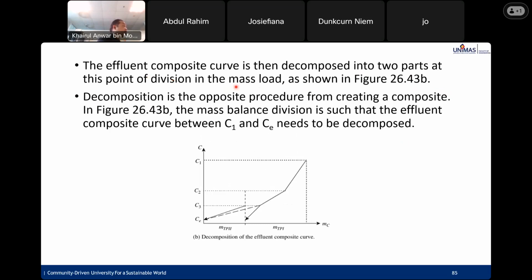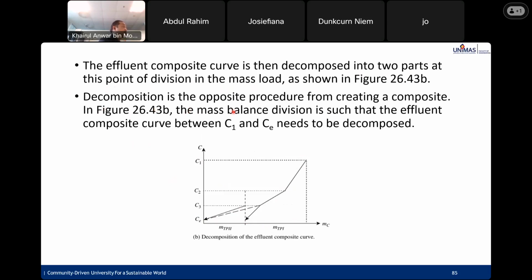The effluent composite curve is then decomposed into two parts at this point of the division with the mass load. So all the arrows go to the CE, which is the environmental discharge limit. Now we have two systems.